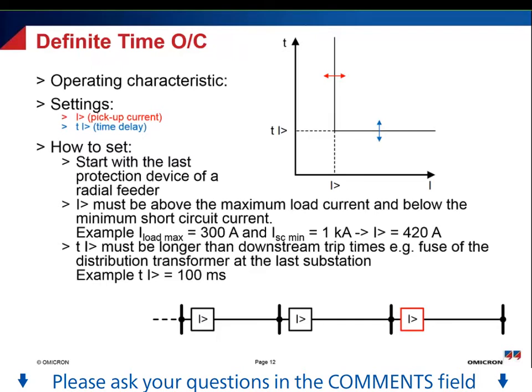So if there is a fault inside the distribution transformer or downstream in the low voltage network, only the fuse here trips and not the protection device here. This is made sure in our case with the setting of 100 milliseconds. So this is for the first protection device in this radial feeder.